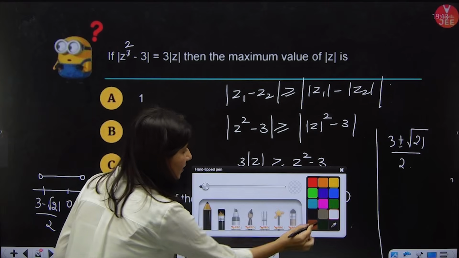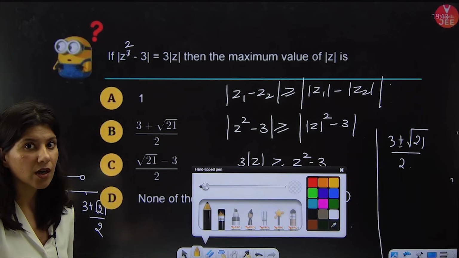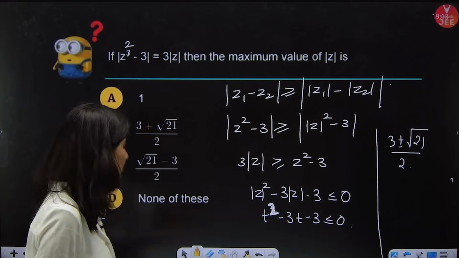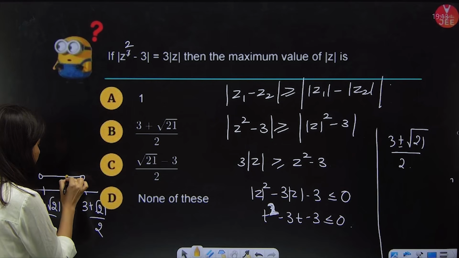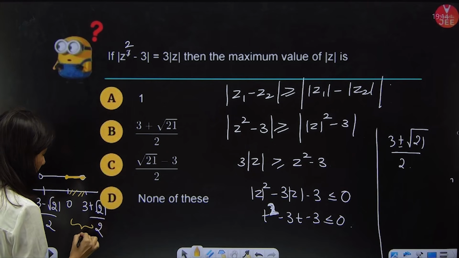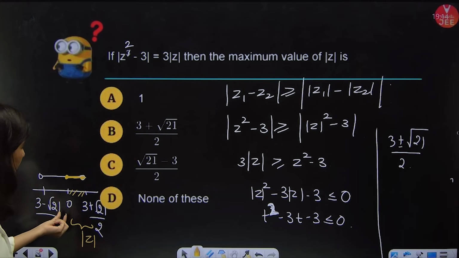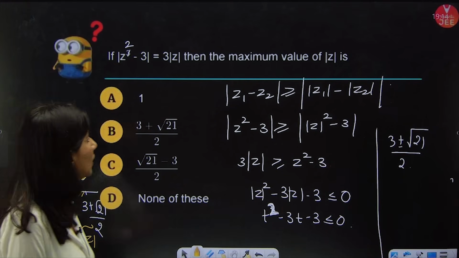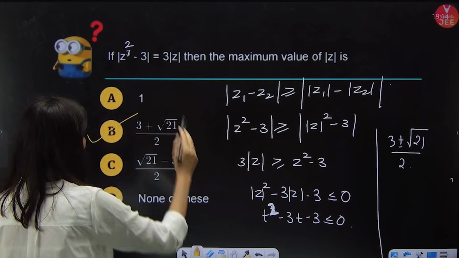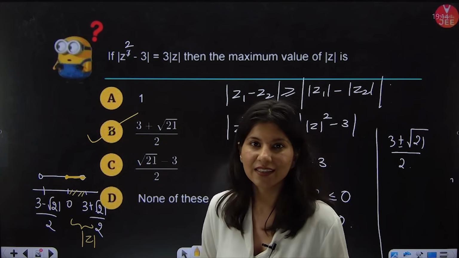So obviously we cannot accept negative quantities because mod z is always positive. So we are only looking for the positive values. So that's why only this range will be accepted. This is your mod z. Mod z will lie between 0 and 3 plus root 21 by 2. Now just tell me, maximum value of mod z is obviously 3 plus root 21 by 2. Option B is absolutely right.